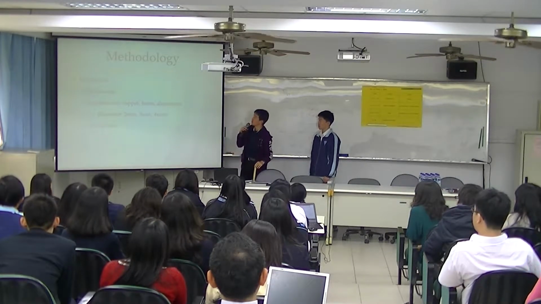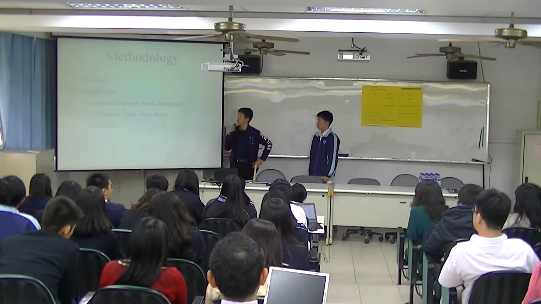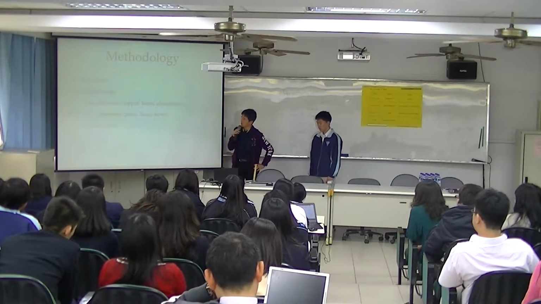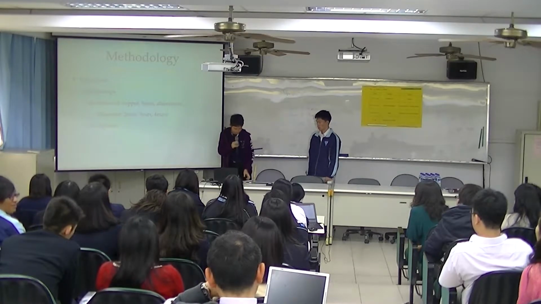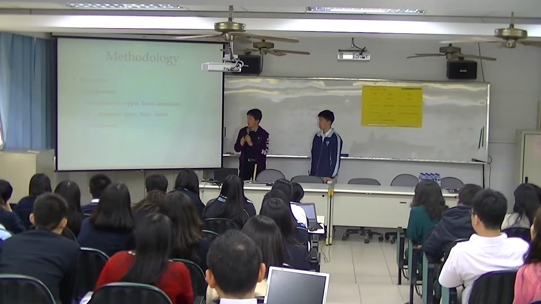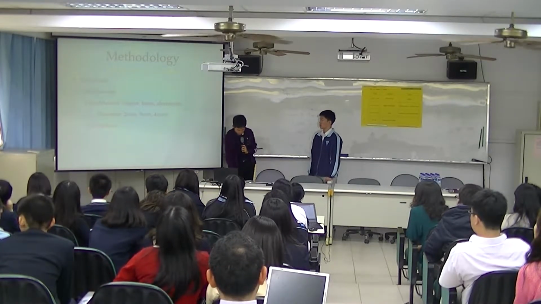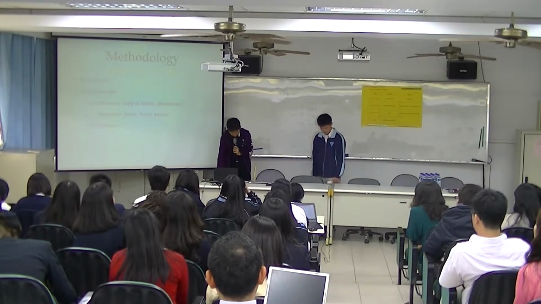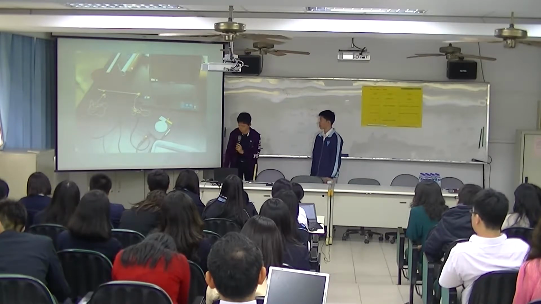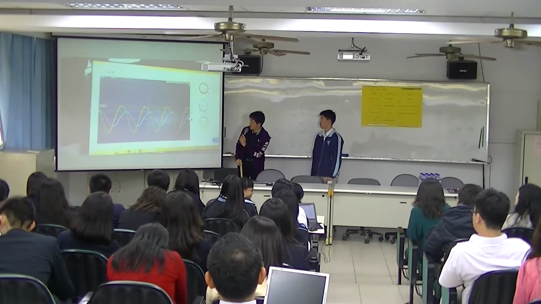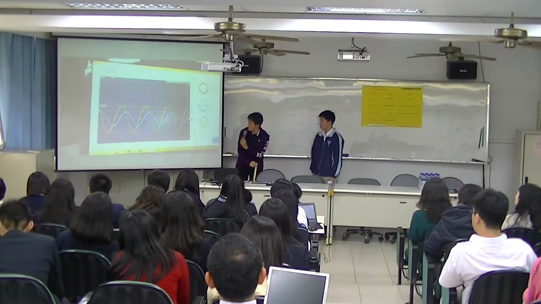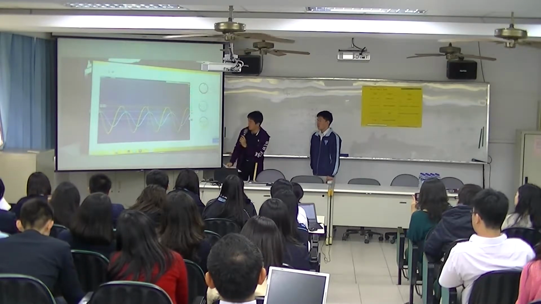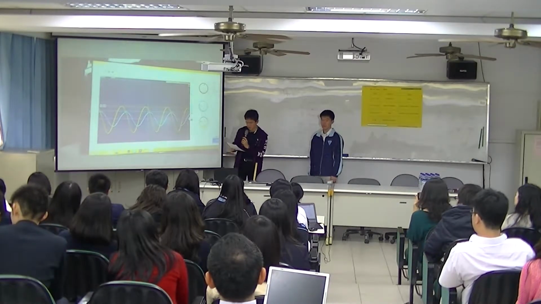So we moved on to our experiment, and to conduct the experiment, we required some equipment. An oscilloscope to enable the observation of the sonic speed. As in the picture, you can see that the sound is shown in the form of waves.